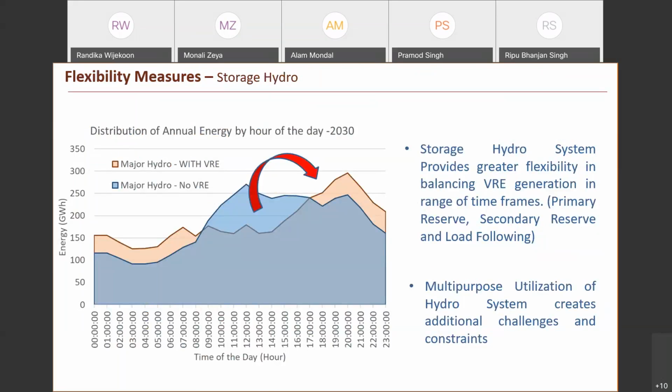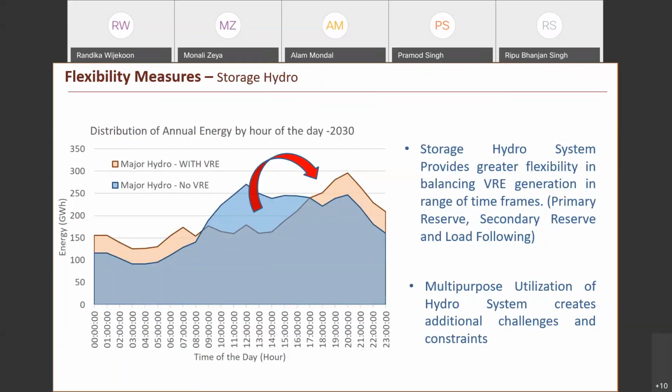Right. Moving to the storage hydro, we have around 1 gigawatt of storage hydro, and that again acts as a large natural battery in our system. And we are trying to see how we can exploit its characteristics to support the flexibility.